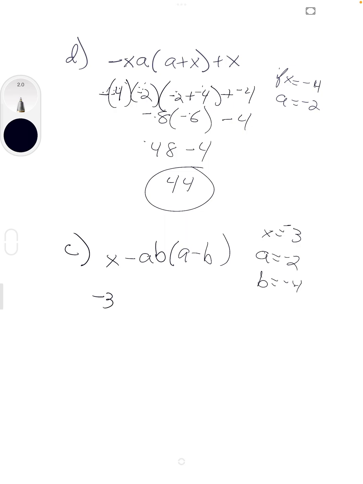This is negative 3 minus A, which is negative 2, times B, which is negative 4, times A, which is negative 2, minus B, which is negative 4. So I would do it this way because I can track what's positive, what's negative. Negative 2 minus a minus 4 is negative 2 plus 4, which means that's 2.